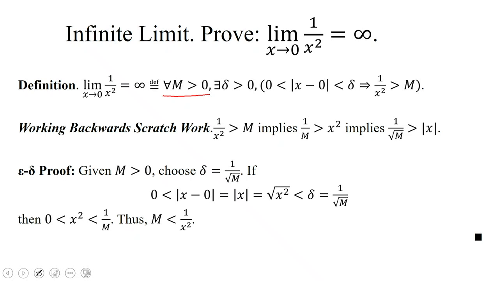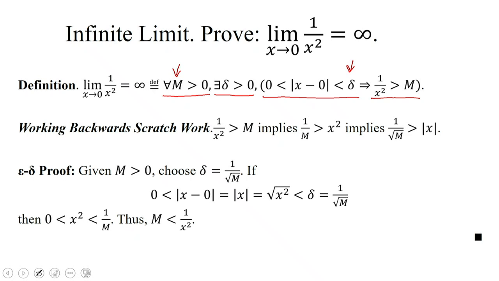For any m greater than 0, there exists a delta greater than 0, so that if x is sufficiently close to 0, namely within delta units, then 1 over x squared will be bigger than m. So the function has to be continuously getting bigger and bigger and bigger. So no matter how big the m is that we choose, we can always restrict this interval in such a way that 1 over x squared will be bigger than m.